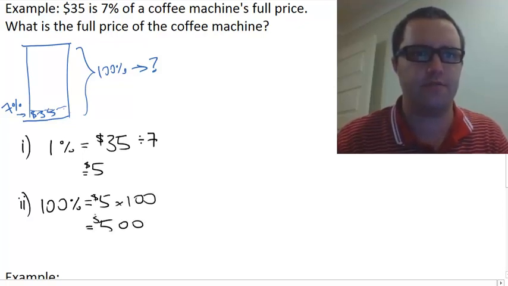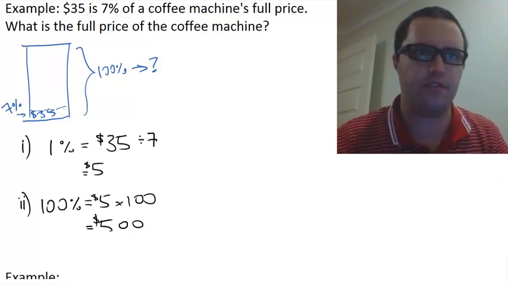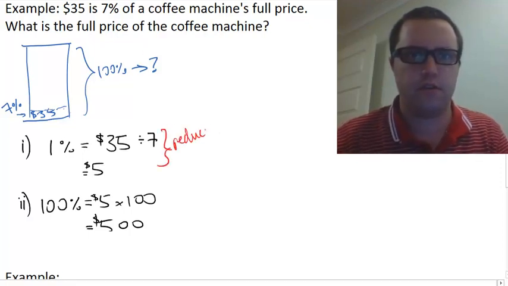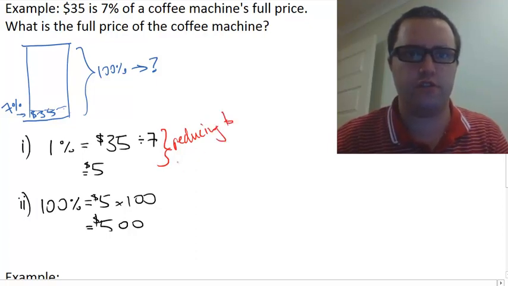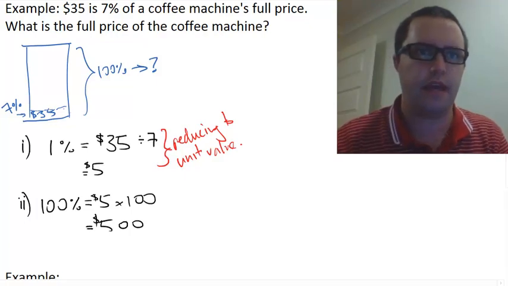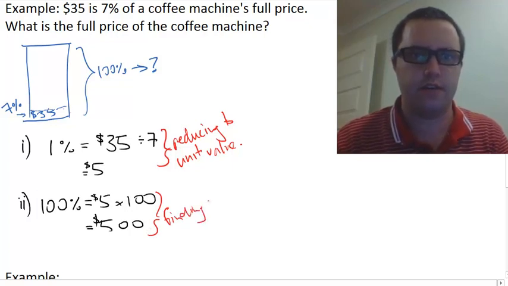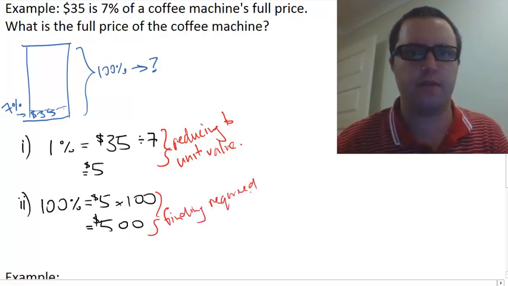Very expensive coffee machine. Okay, so this step here was reducing to unit value, and this step here was finding required percentage.